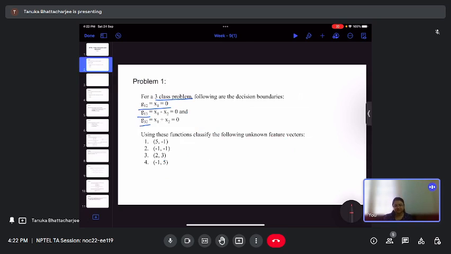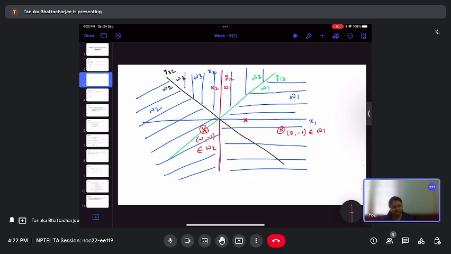Similarly, the next one, 2, 3, will be somewhere here. This region is for class omega 3, so 2, 3 will belong to class omega 3.